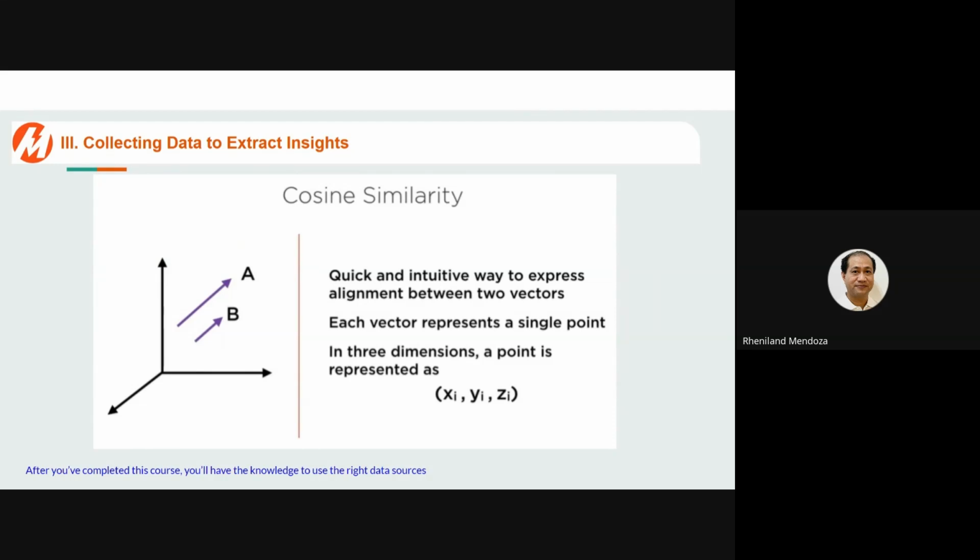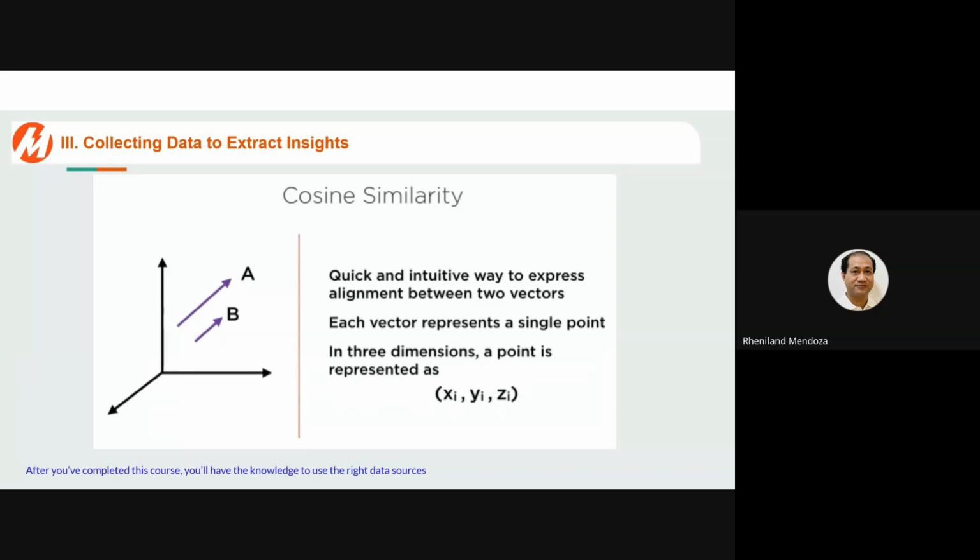So, in summary, it's clear that the cosine similarity is a quick and intuitive way to express the alignment that exists between two vectors, to see how similar two vectors are. Each vector here can be thought of as representing a single point in our data. Okay? So that you will again be aligned while we are discussing vectors.